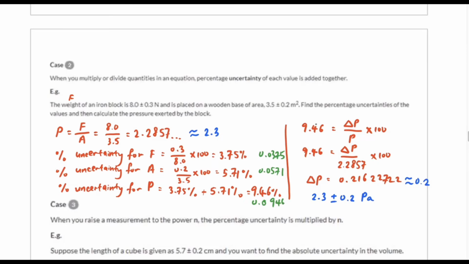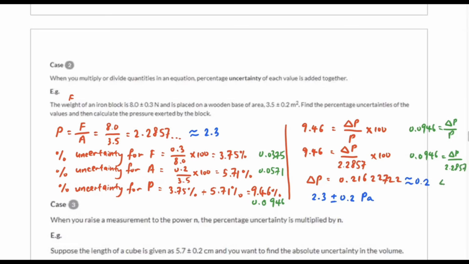Then after that, we don't use the percentage uncertainty. We use the fractional uncertainty, which is 0.0946 equal to delta P over P. Then after that, you substitute the values. Delta P over this value, 2.2857.